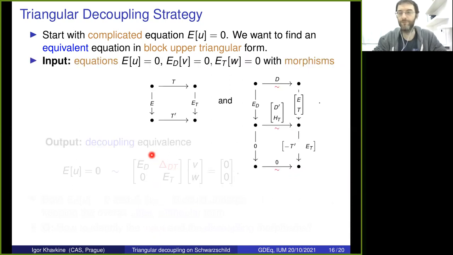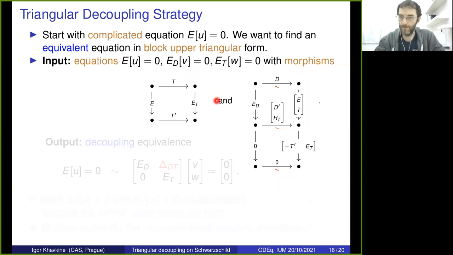Of course, you can't really do this in a vacuum. So what you need is some initial input about the structure of your original operator. Besides the original operator, you need the two simpler operators, which would serve as the diagonal blocks, and some morphisms that go along with them.